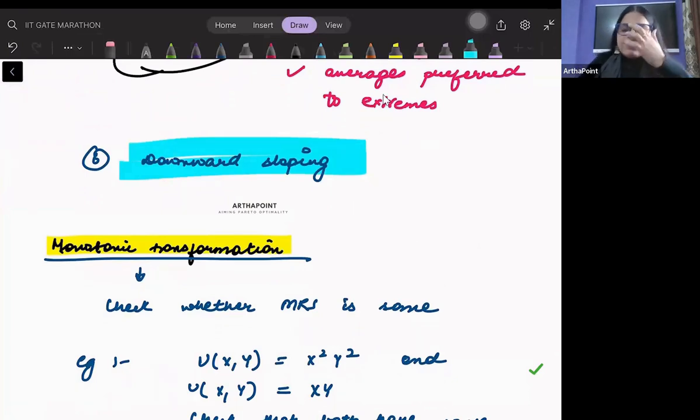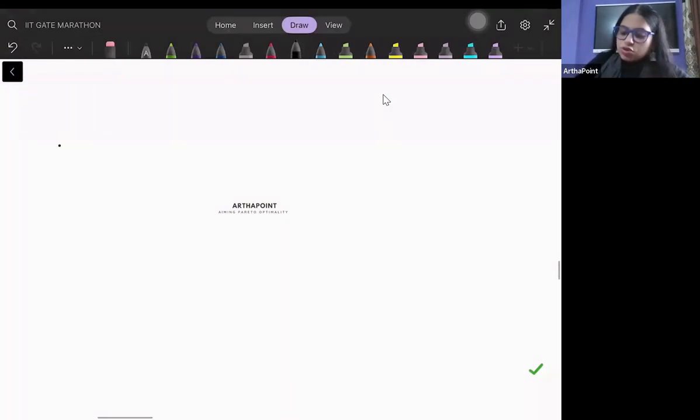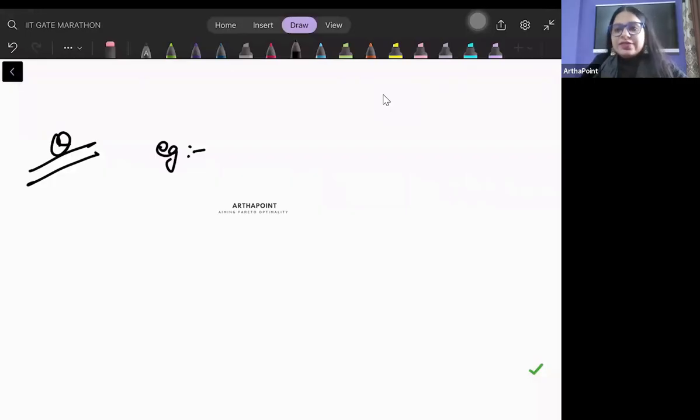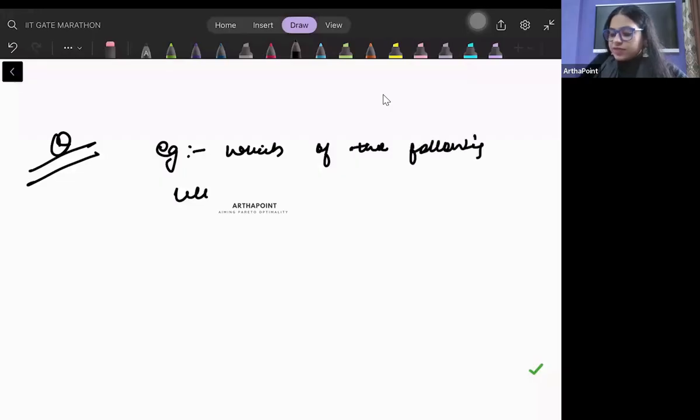Now, very, very commonly asked question in multiple entrance exams. Example, if they give you which of the following utility functions represent same preferences.